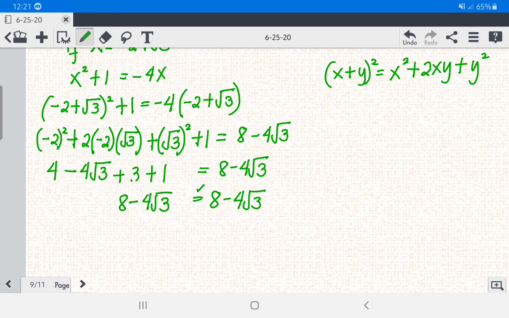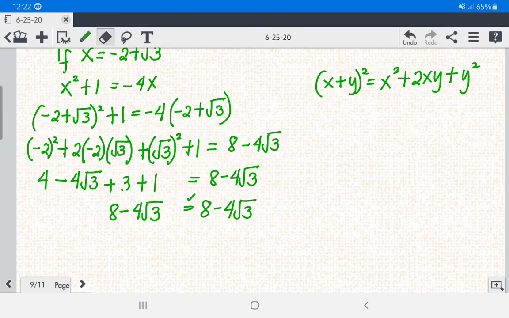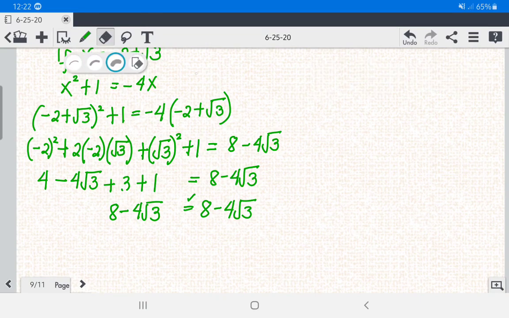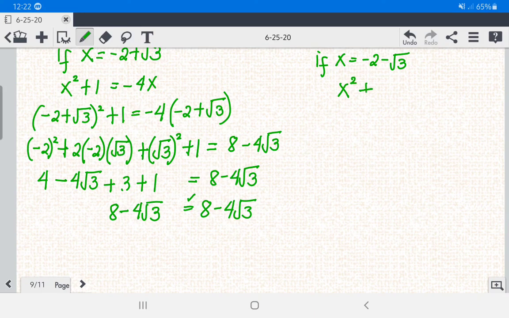Next, how about if, let's see, let us remove this. Okay, if x is equal to negative 2 minus square root of 3. Using the original equation, we have x squared plus 1 equals negative 4x.